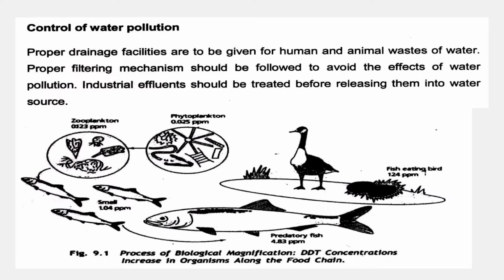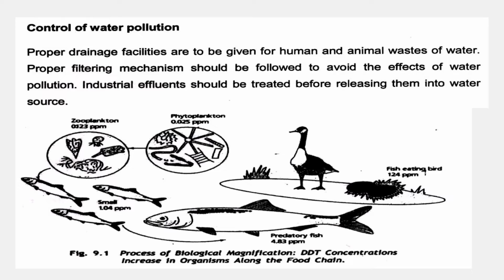Proper filtering mechanism should be followed to avoid the effects of water pollution. Then industrial effluents should be treated before releasing them into water sources. I repeat, industrial effluents should be treated before releasing them into water sources.